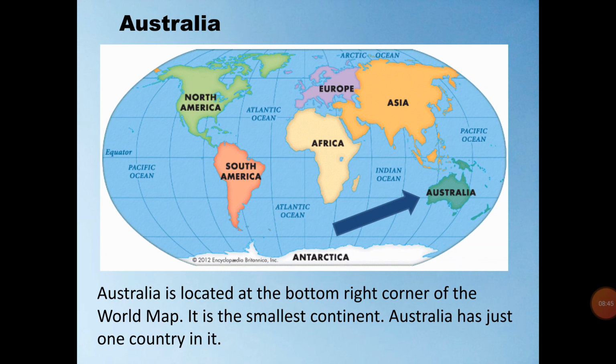Students, Australia is the smallest continent and it has only one country in it. And do you all know what is the name of that country? The name of that country is also Australia. So Australia is the smallest continent, and Asia is the largest continent.